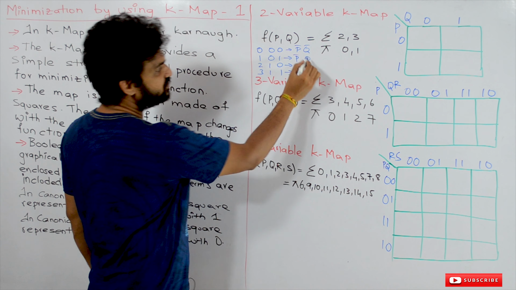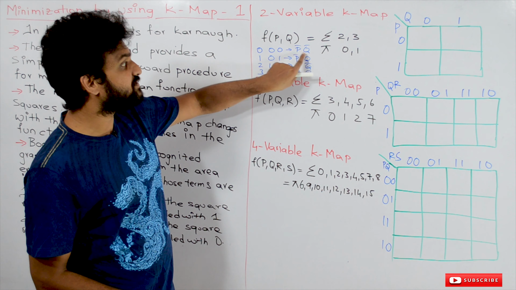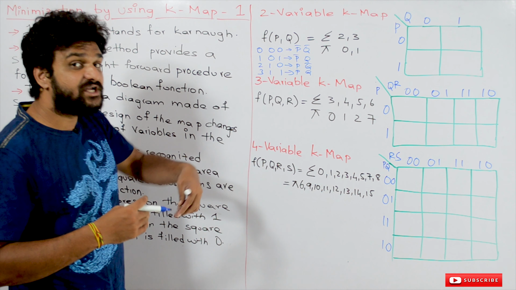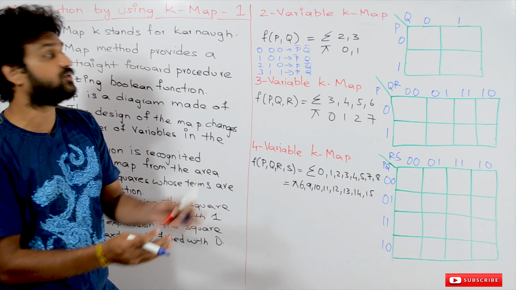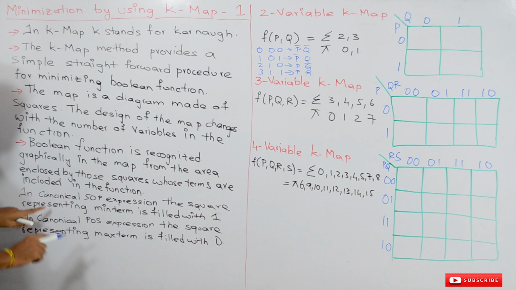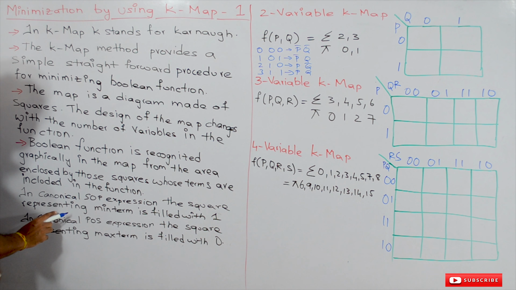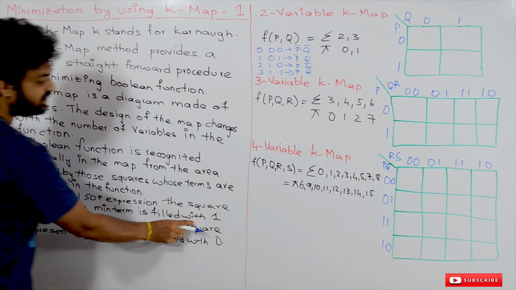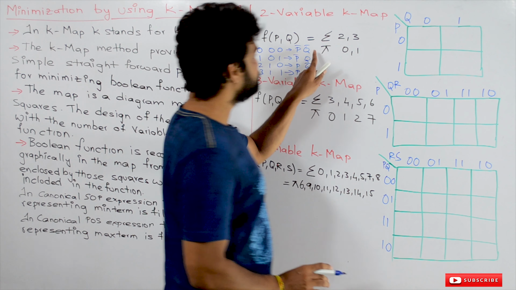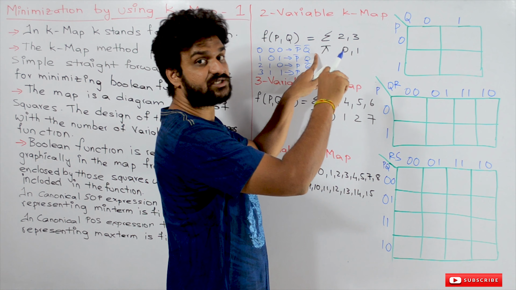So this is the sum of products representation. In SOP, each min term is represented in this way. How many different combinations of min terms are possible with two variables? 4 combinations. If the expression is a canonical sum of products, the square representing the min term is filled with 1. How is this expression represented in canonical sum of products?